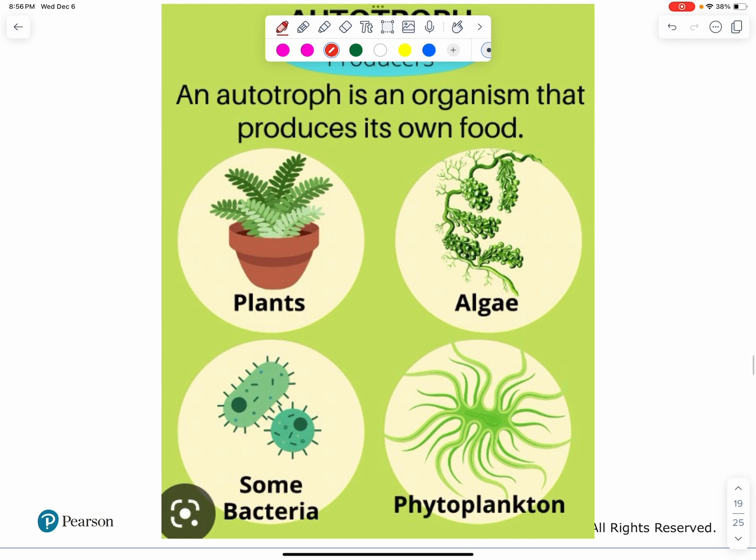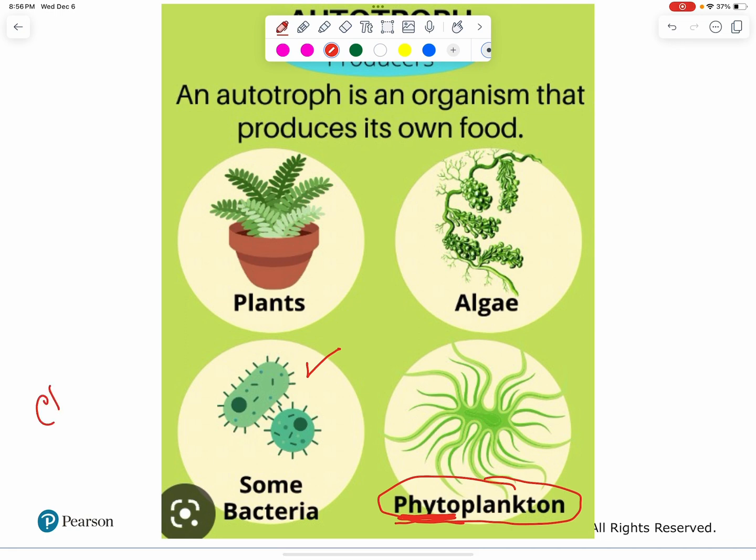So you can be an autotroph if you are a single-celled organism. That would be called a phytoplankton. So these are the primary producers over in the ocean. And then there are some bacteria that are also photoautotrophs. Do you remember from our previous notes, we talked about where the chloroplast and the mitochondria came from?